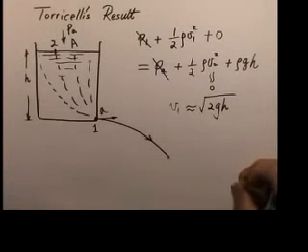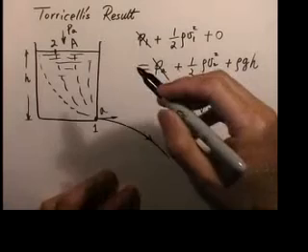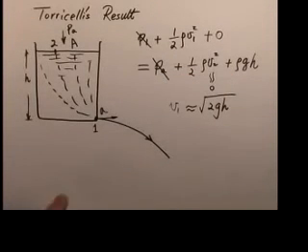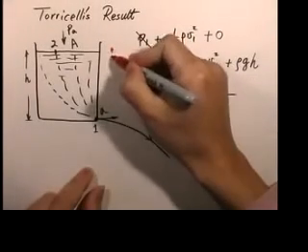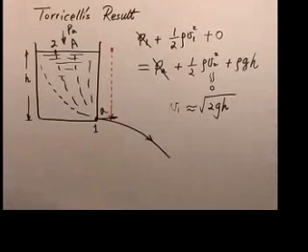Now, if you take a closer look at Torricelli's result, you'll find something interesting. Basically, if you consider dropping just any object, you drop an object and let it fall freely through a distance h. By the time it reaches the bottom, after covering a distance h vertically, how fast is it moving?